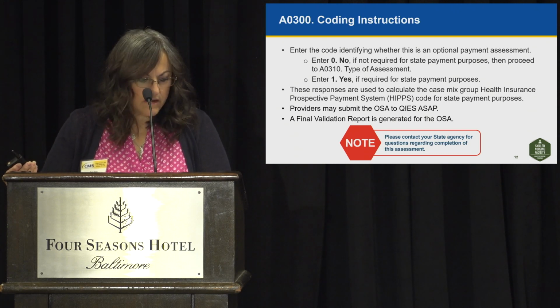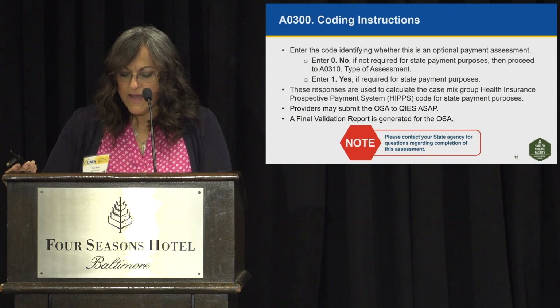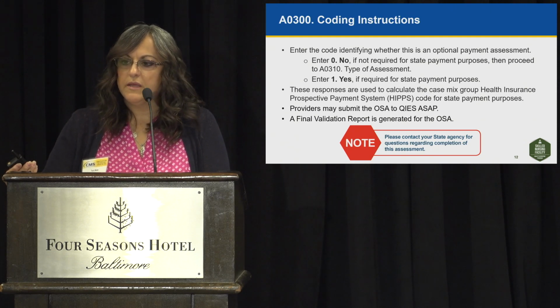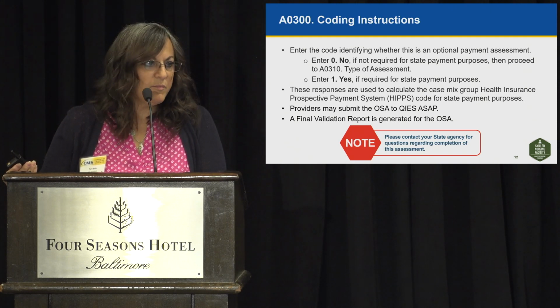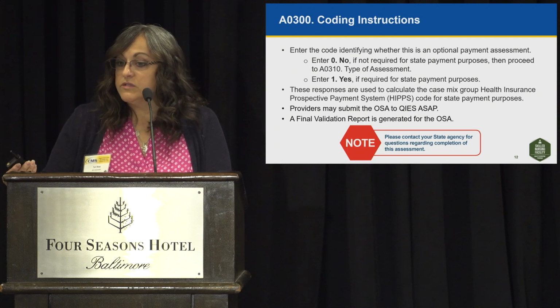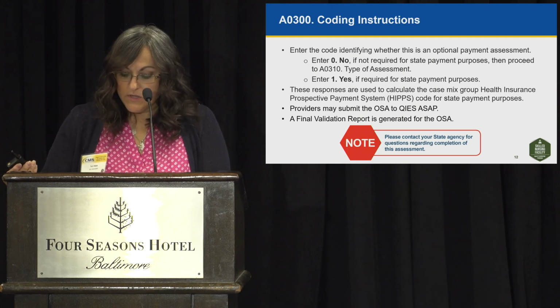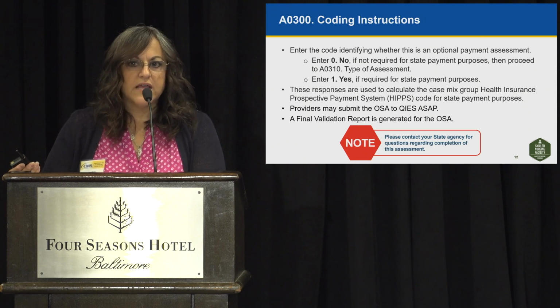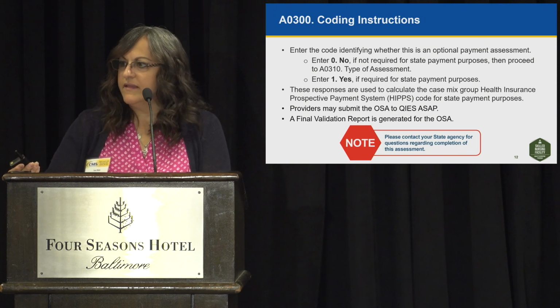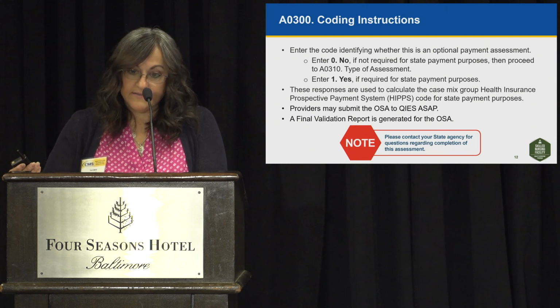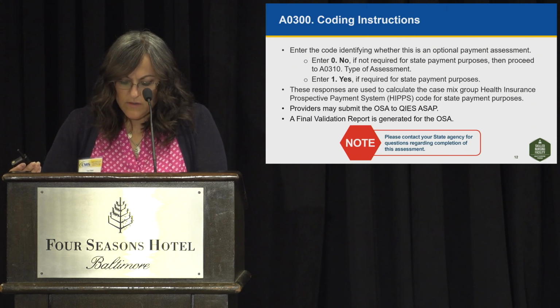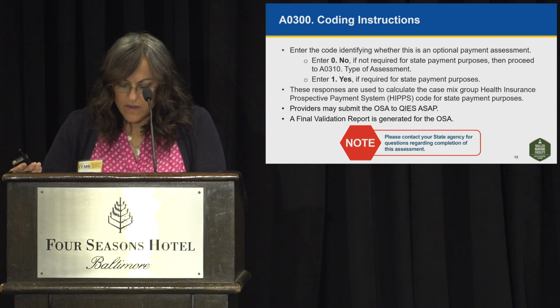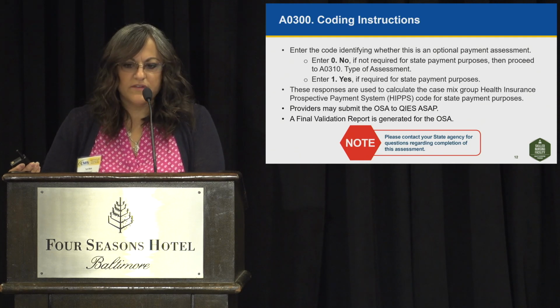So the other thing that was mentioned at the last training was that you are going to be able to submit the OSA to Keys ASAP, and it'll also give you a validation report. We had some folks asking, well, that doesn't really make sense. Why would we send that to Keys ASAP? That's kind of how it works now.